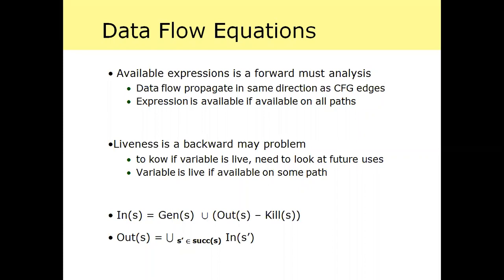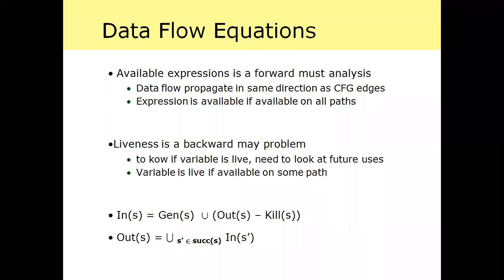In the forward must analysis, the data flow propagates in the same direction as the control flow graph's edges. And the expressions are available if they are available on all paths.